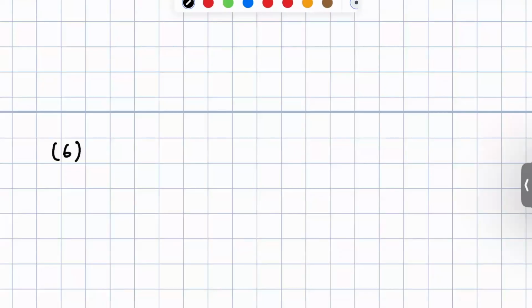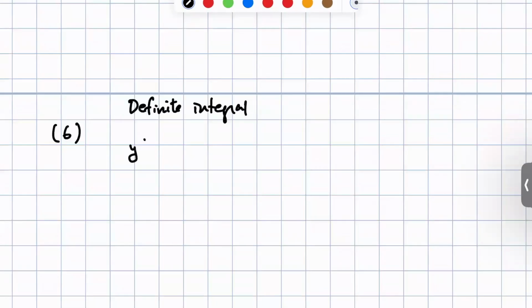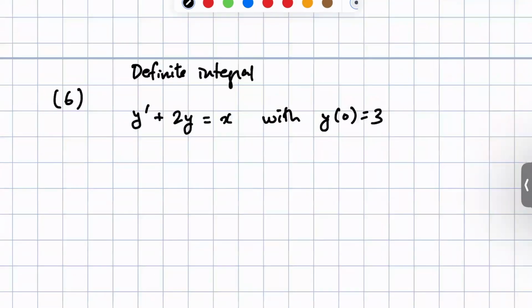So far, we've been doing problems using indefinite integrals. Let me show you how to do a problem with a definite integral. So in this case, let's take a look at the following. Y prime plus 2y equals x with y of 0 equals 3.